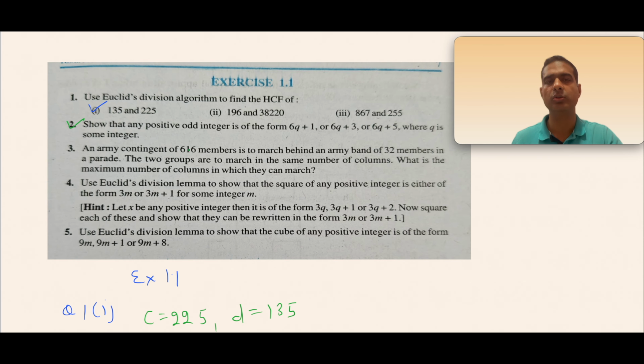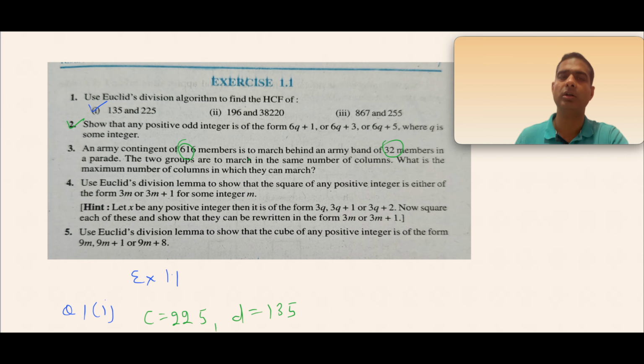So both the groups, that is 616 army members and 32 army band members, have to march in the same number of columns. What is the maximum number of columns in which they can march? So the maximum number of columns will be the number which divides 616 and 32 both, and it should be the largest divisor of 616 and 32.